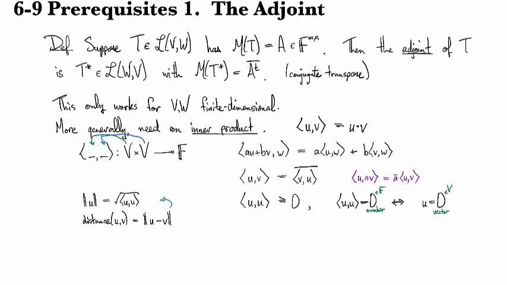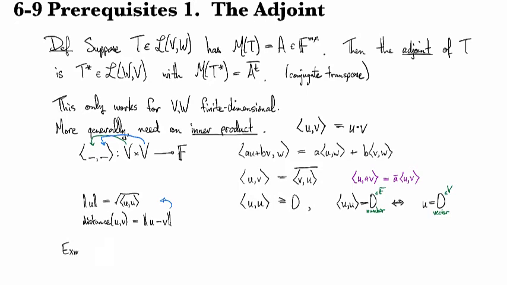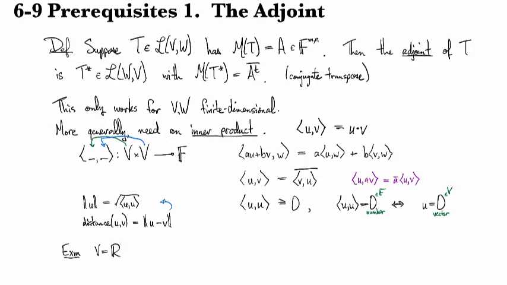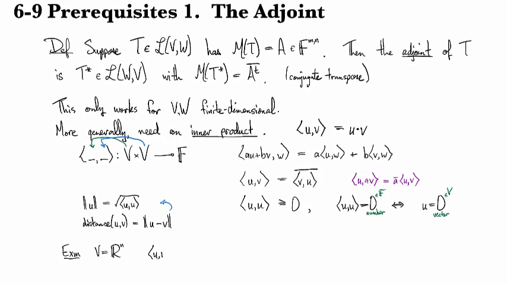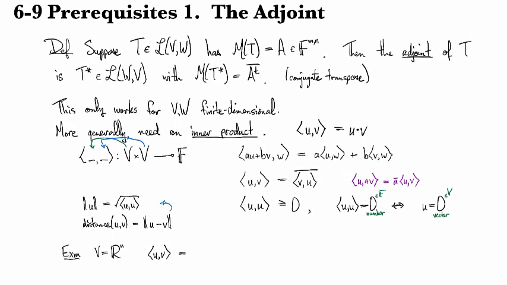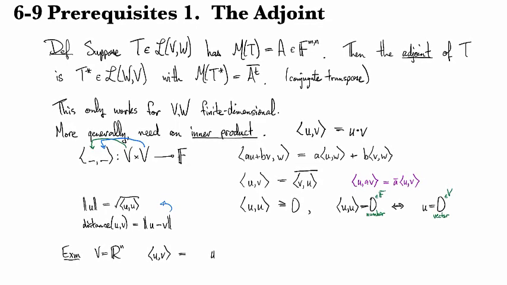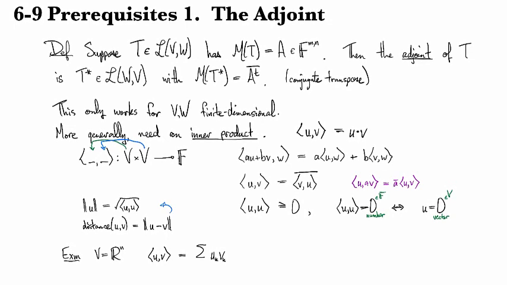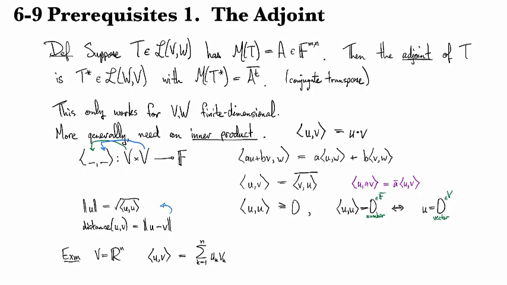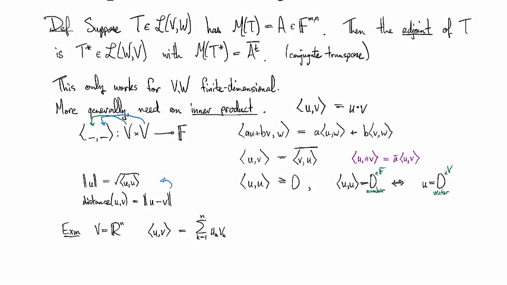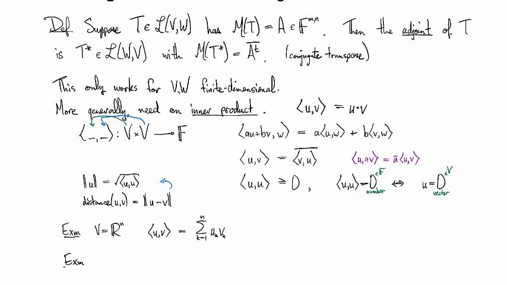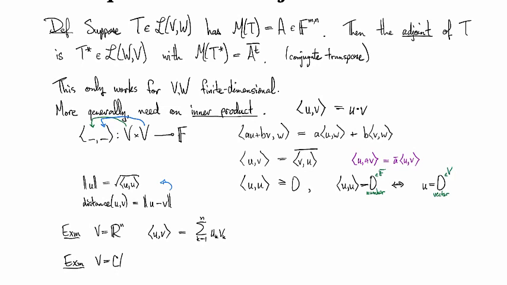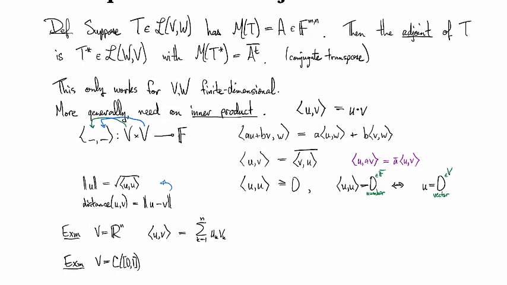So for us, the most familiar example is that when V is equal to Rn, we usually take the inner product of u and v to be something where we take the kth coordinate of u and the kth coordinate of v, and then we add them up. However, you can also do this for infinite dimensional things. So let's take V to be the continuous functions on the interval from 0 to 1.